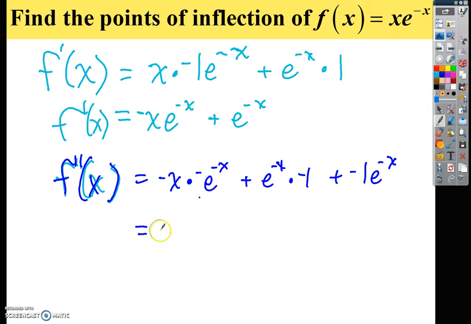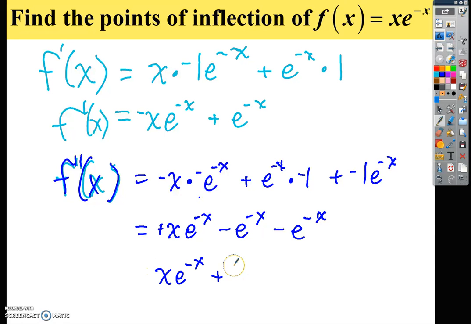And cleaning that up, we get positive x e to the negative x minus e to the negative x minus e to the negative x, which is x e to the negative x minus 2 e to the negative x. Okay, and so that is our second derivative. We need to set that equal to 0.